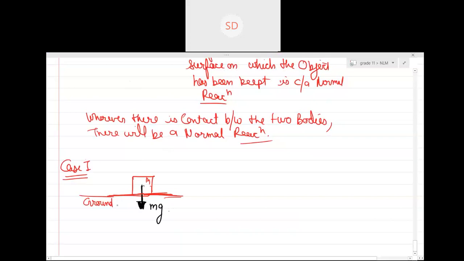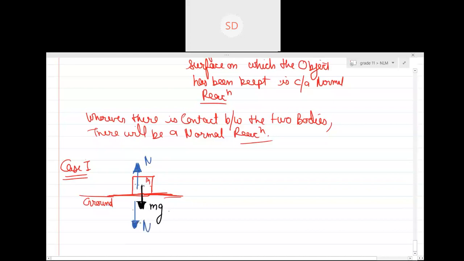Can you see this ground and this block are in contact with each other? If they are in contact, they will try to get away from each other, right? So for that they will try to push each other. The ground will try to push this in this direction, you see the ground is trying to push it away from it, and similarly the block will try to push the ground in the other direction with the same force.